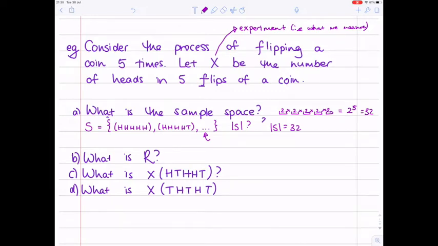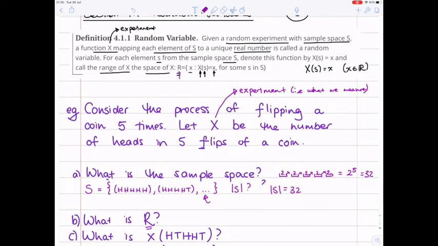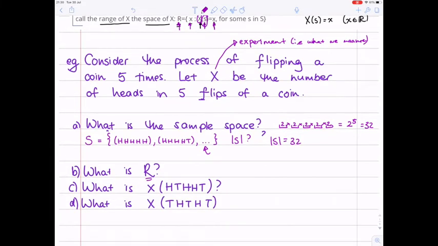So now we want to think about what is this R. So let's go back and check our definition. Our R is the set of all numbers where that number is the output of the function X for some outcome. Well, our experiment is the number of heads in 5 flips. So we put in an outcome, and out comes the number of heads.